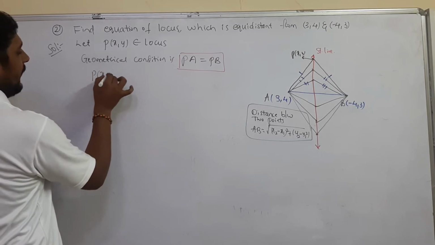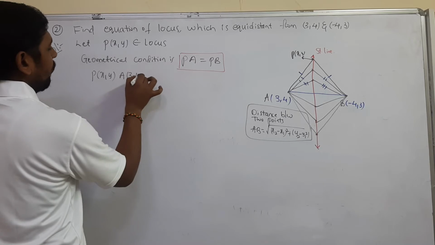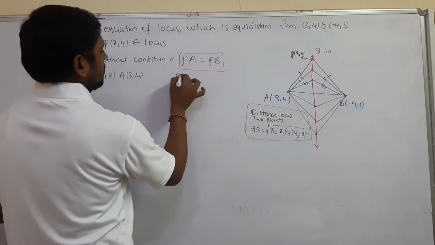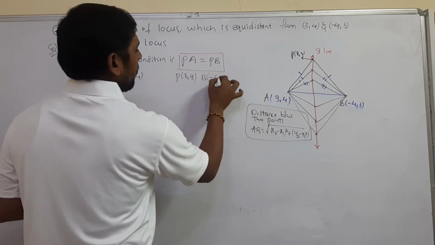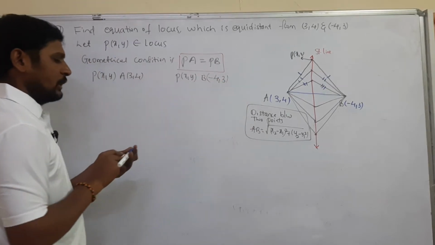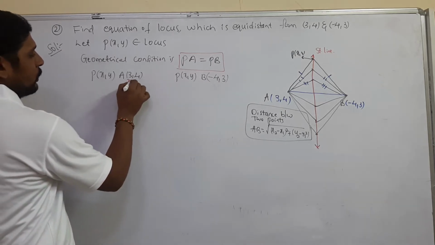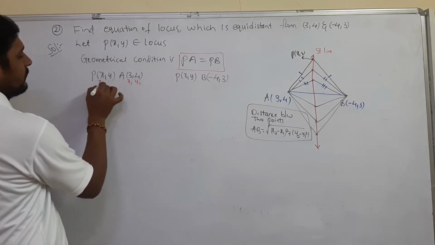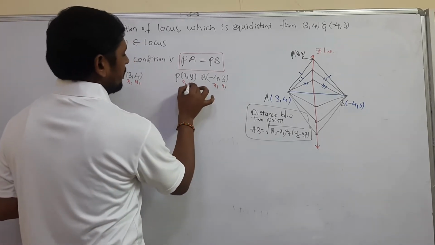P is x comma y. A is 3 comma 4. And for PB, P is x comma y and B is minus 4 comma 3. Name them as x1 comma y1 and x2 comma y2.